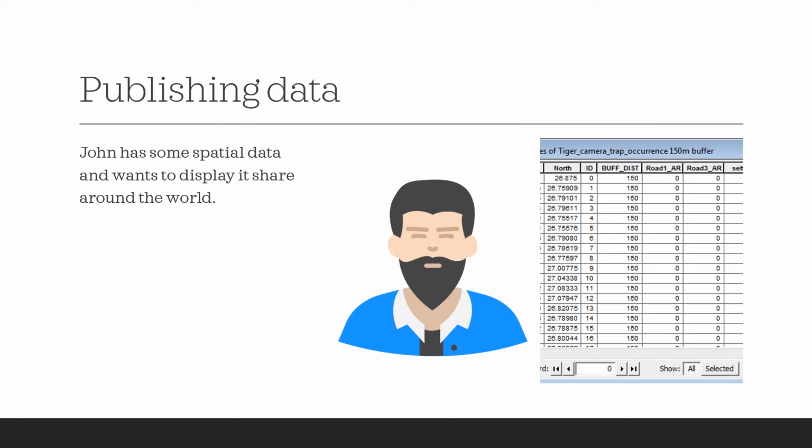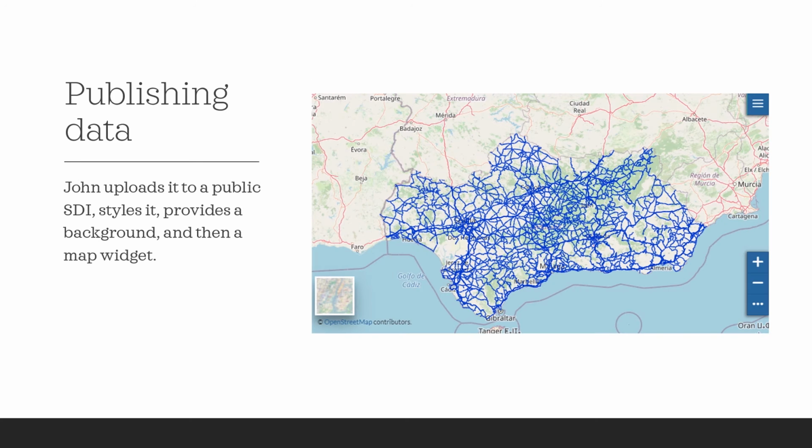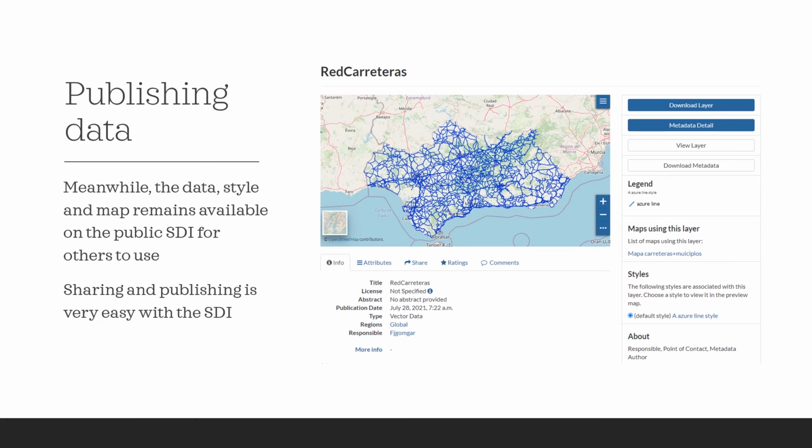Let's suppose one person, John, has some spatial data and he wants to display it and share it all around the world. He uploads it to the public SDI, makes a cartographic style, provides the background, and then he finally makes a map wizard. After that, he was successful to share his geospatial data in a very easy way to the public SDI, which can be used by other users as well.